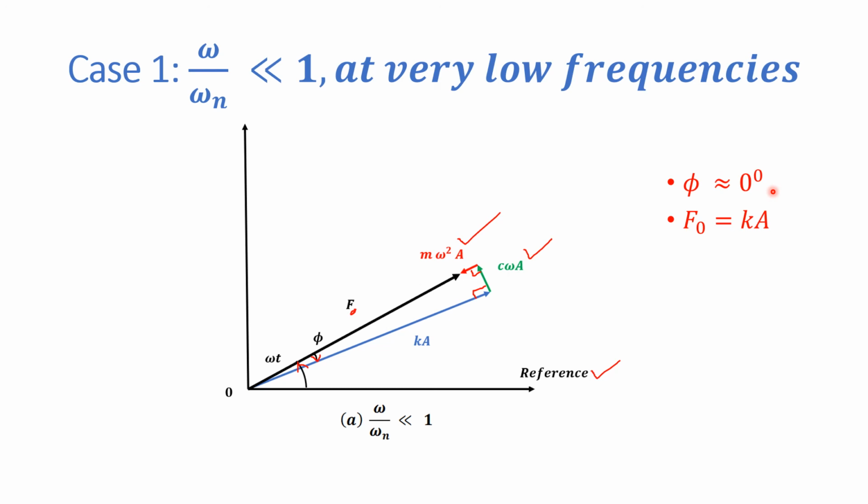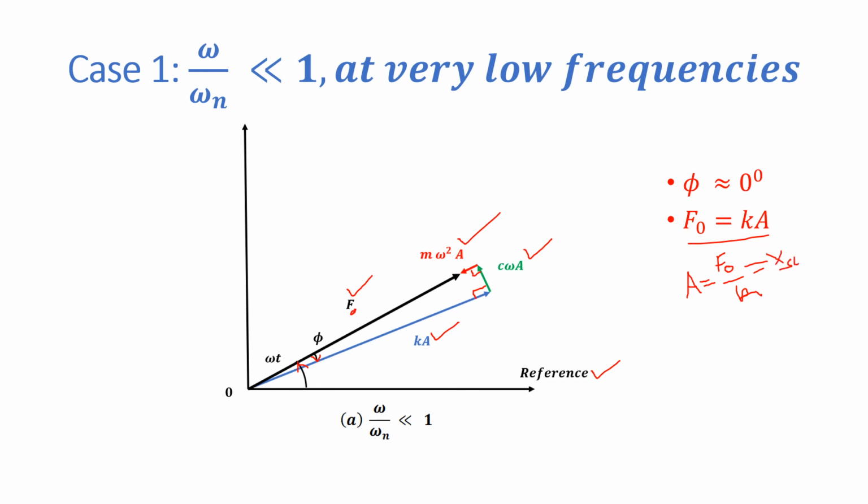And when omega is very less, we can find out that amplitude F naught is almost equal to Ka. F naught is Ka. So A is equal to F naught by K, which is X static.